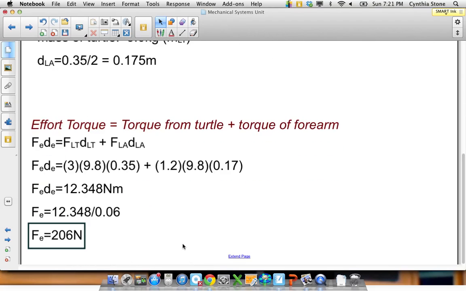Looking at the solution then, the effort torque that I require is the torque from the turtle plus the torque of your arm itself, the two loads you have to hold.